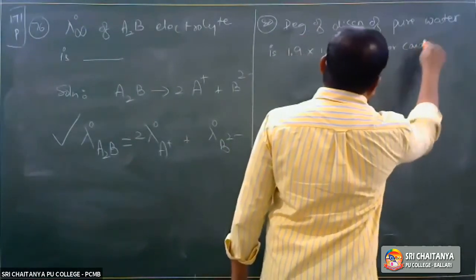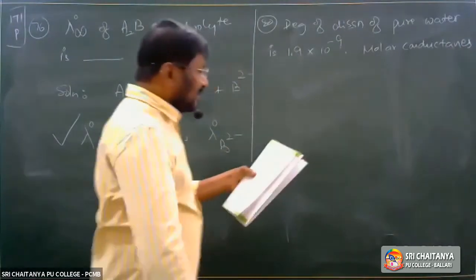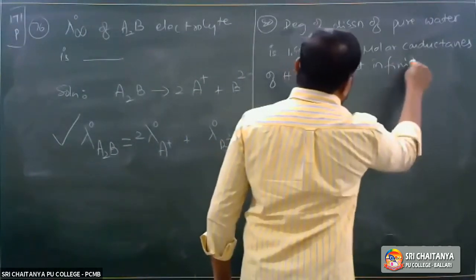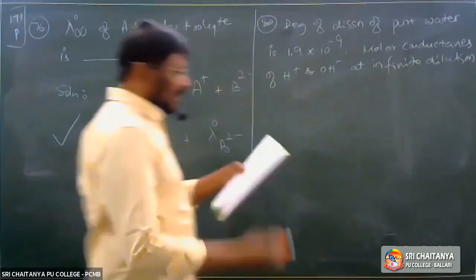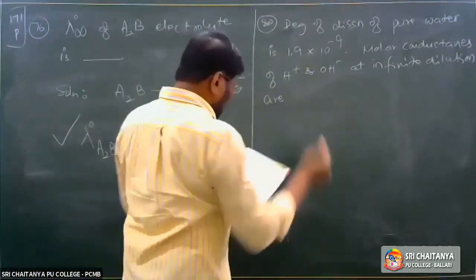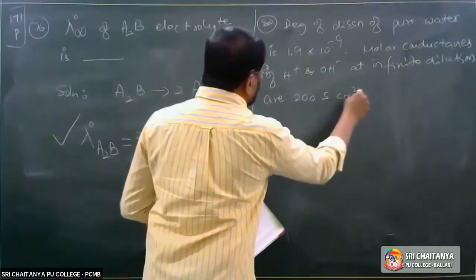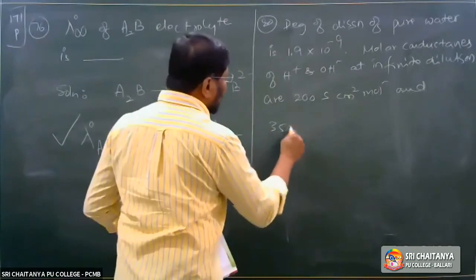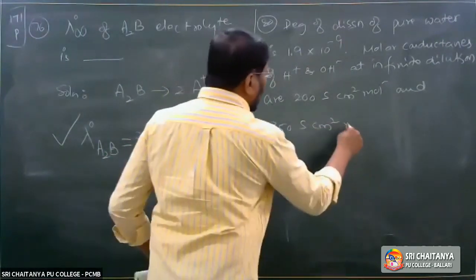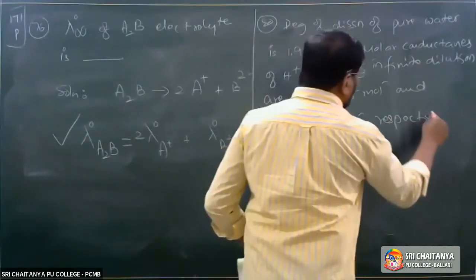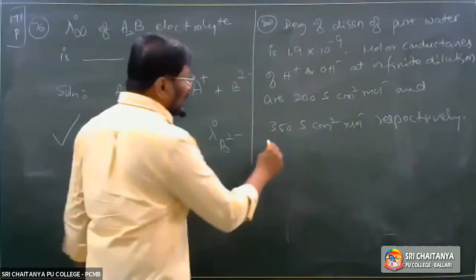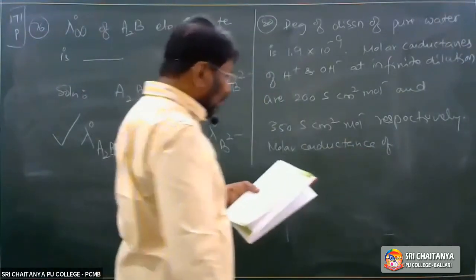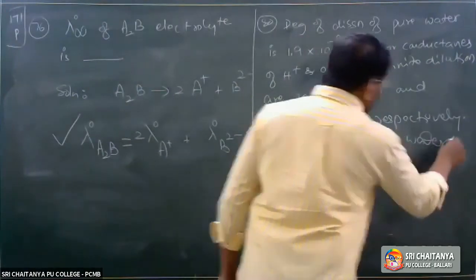molar conductances of H plus and OH minus at infinite dilution are 200 Siemens centimeter square mole inverse and 350 centimeter square mole inverse respectively. Now the molar conductance of water is.